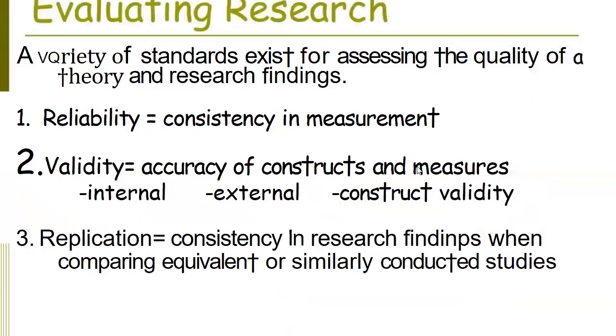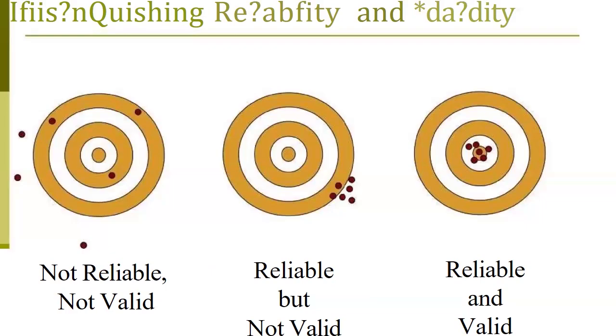So I am talking about validity. So this slide again explained about research. The first picture is not valid, you can say. The second picture shows reliable but not valid because consistency is there, right? But validity is not there, right?